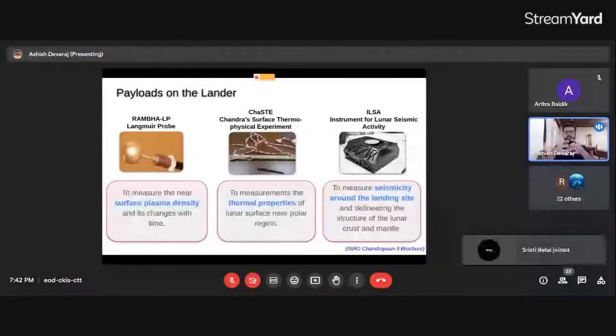Such different questions can be answered if you measure the seismic activity. So the ILSA payload will help us in measuring seismic activities on the Moon. We actually have a tentative detection of an event, but that is not yet confirmed. Those are some initial results.